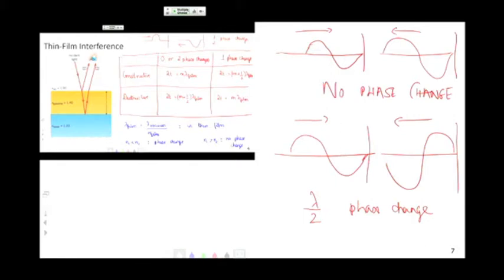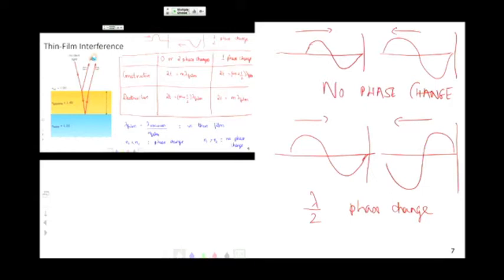So in the problem on this week's discussion sheet, for example, I give you one situation and I ask you to find the wavelengths at which you have both constructive and destructive interference. So the question is, which colors are you going to see and which colors are you not going to see?